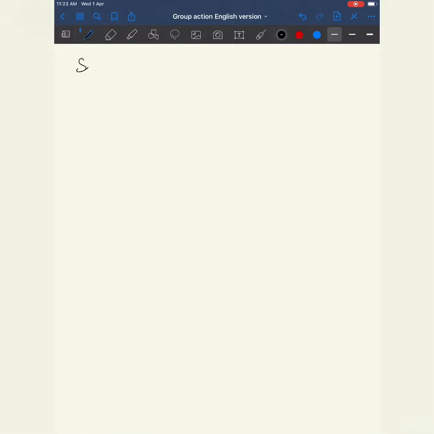So that means the stabilizer of U acting on U as an element of the power set is like nothing, just a trivial action.